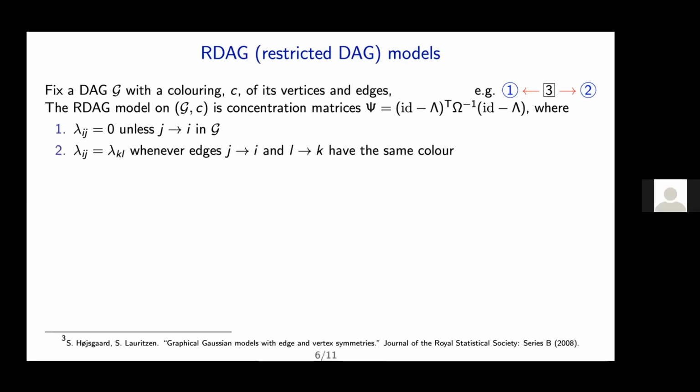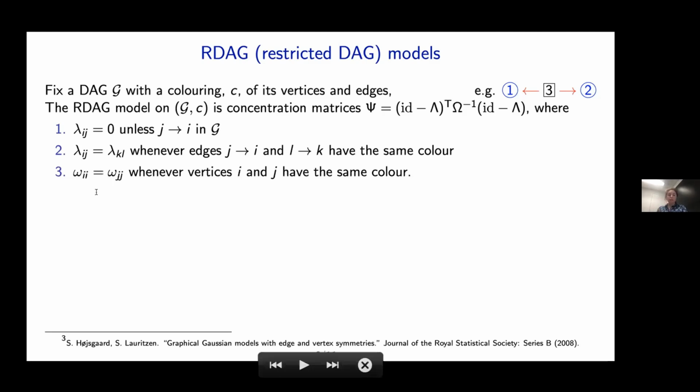That's the condition that came from the uncolored setting. But now we have some extra conditions that come from the coloring. So lambda ij equals lambda kl whenever the edges from j to i and from l to k have the same color. And the diagonal entries of the diagonal matrix omega are equal.